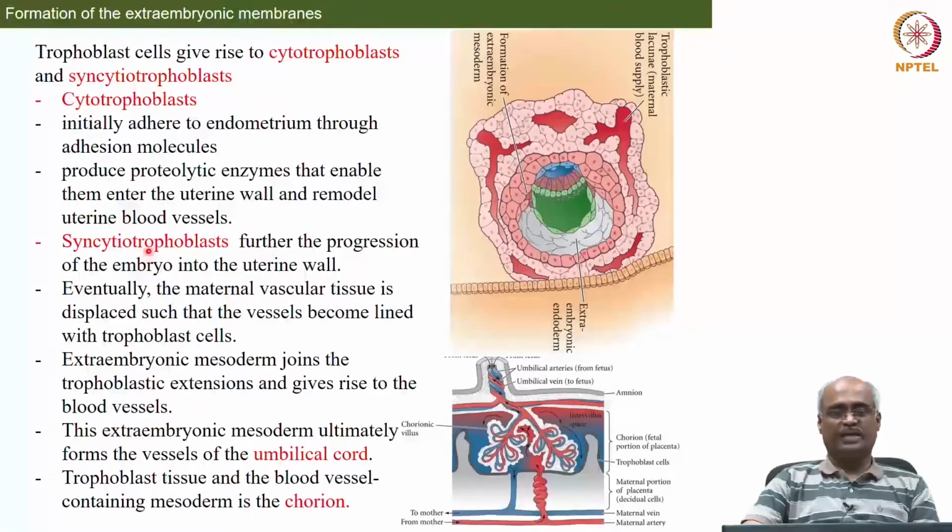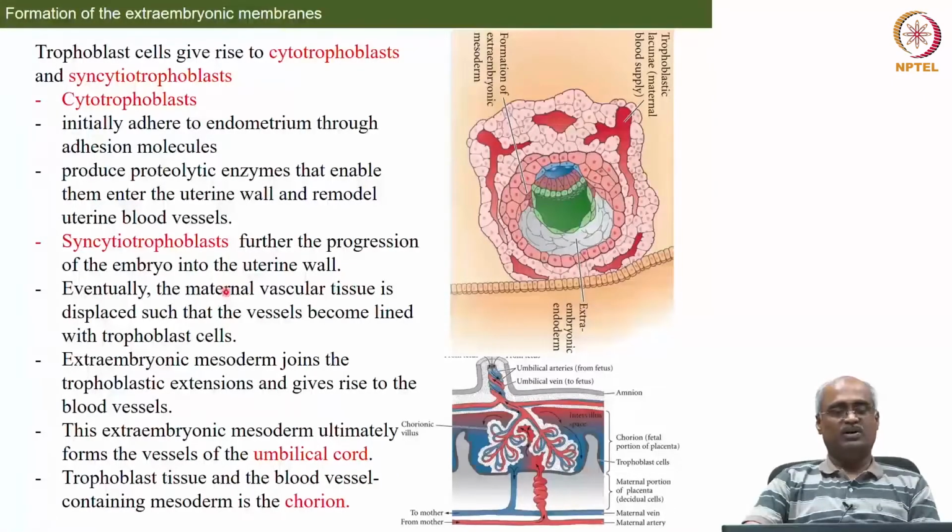And this job is taken up to a further extent by the syncytiotrophoblasts. So these are called syncytio primarily because these are multinucleate, so therefore syncytium. Okay, so syncytial trophoblast is syncytiotrophoblast. Further the progression into the uterine wall.